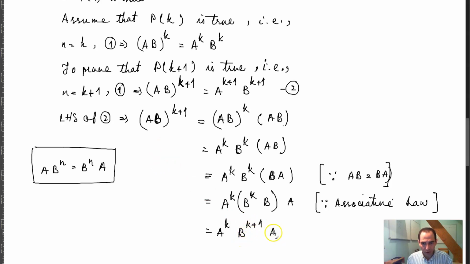Which means that I can write over here, you can see that you have A over here and over here B raised to the power n. I can write it as A times B raised to the power n.